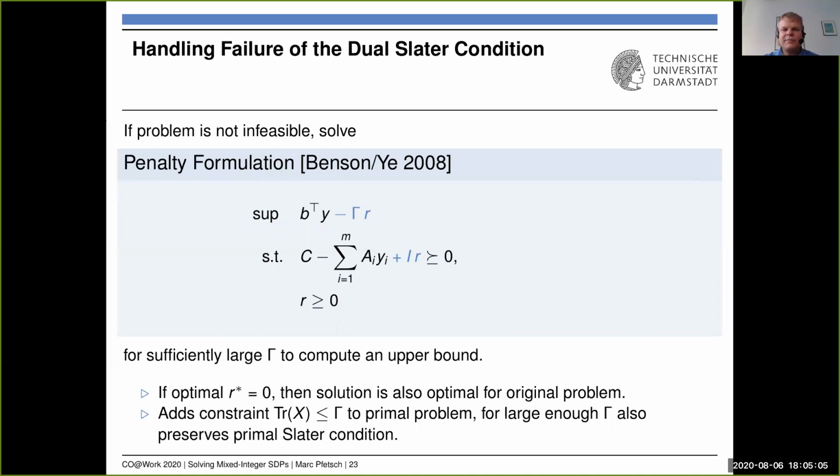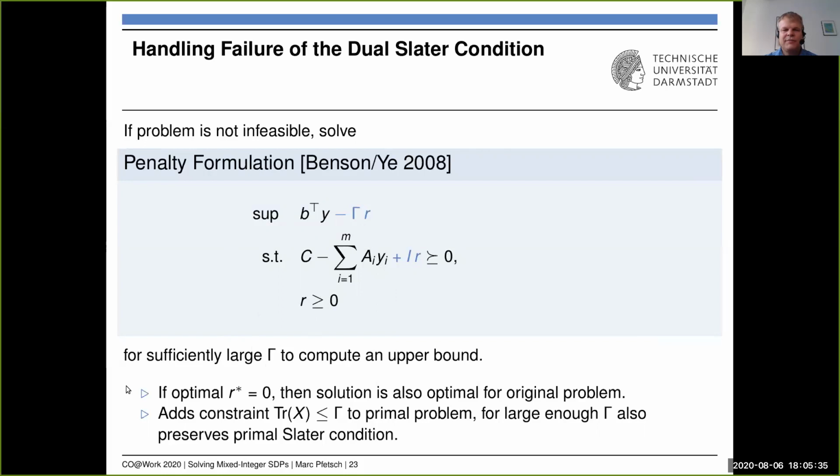Then if the problem is not infeasible, we solve a so-called penalty formulation, which looks like this. So we are again using this slack variable R, but we are supplying it in the objective with minus coefficient gamma times R. And the gamma should be large enough to compute an upper bound on our original relaxation.